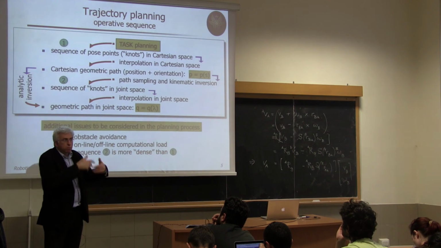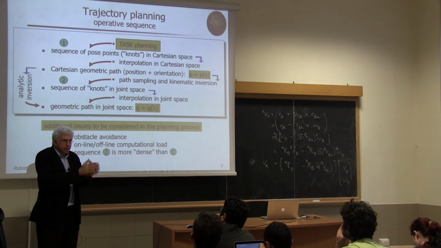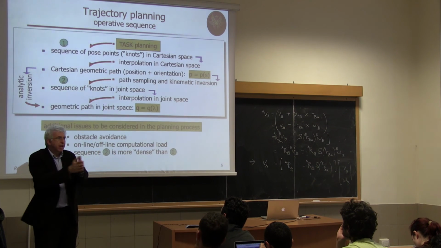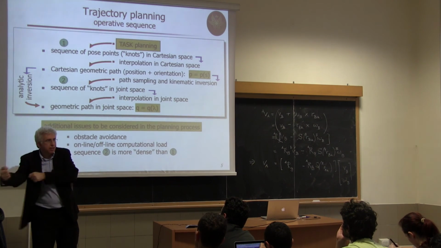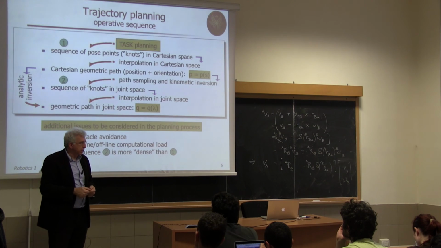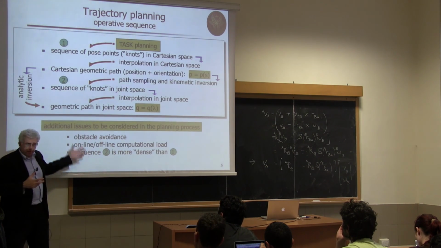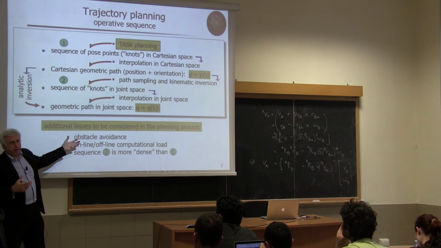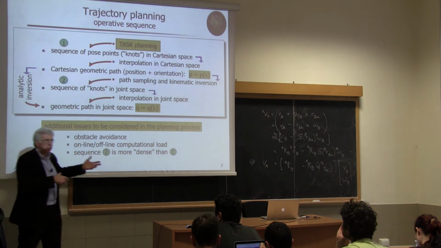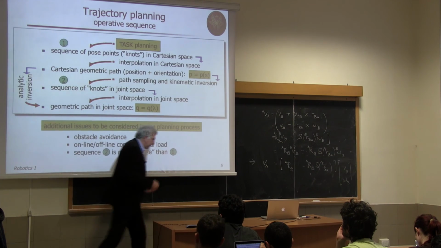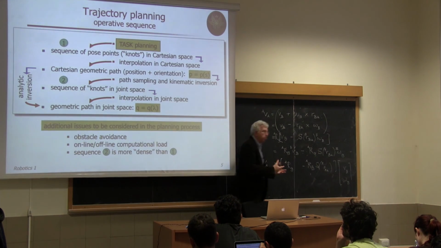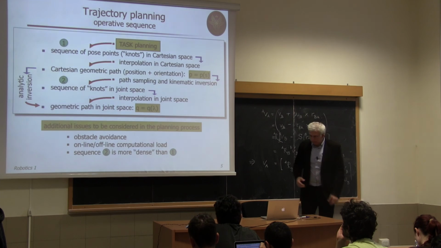So it would be better to keep a Cartesian trajectory which can be treated like an elastic bundle and stretched to one side or the other, okay? So there are all these things that make it worth considering planning both in the joint space or in the Cartesian space, depending on visibility and computational load in real time.